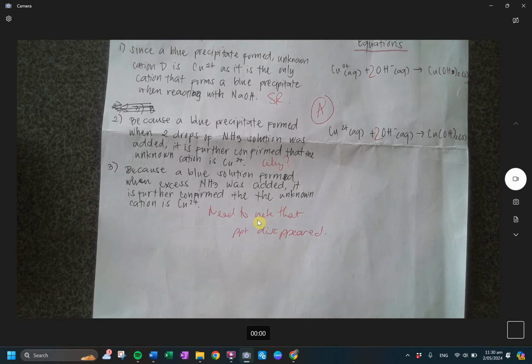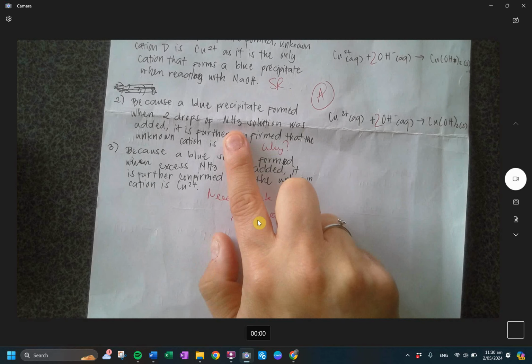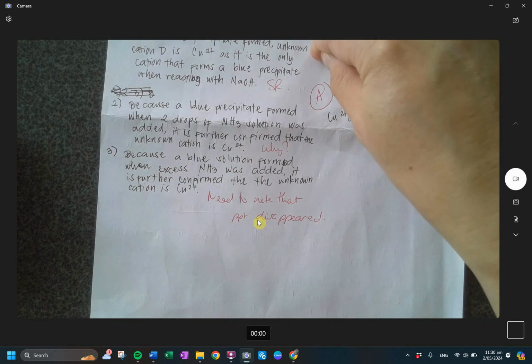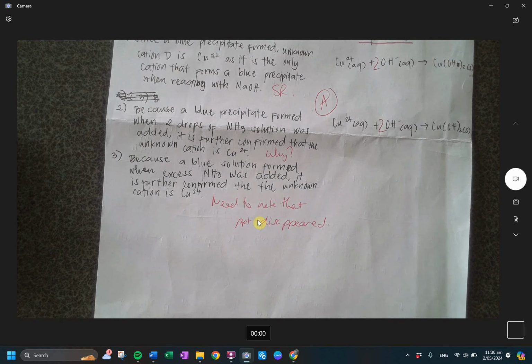This one is a little bit tricky because here we're talking about the ammonia solution. We add 2 drops of ammonia. Remember, ammonia is a weak base, so it's providing hydroxide ions. So you're writing this up like the one above, with the same solubility rules. Hydroxide is available.